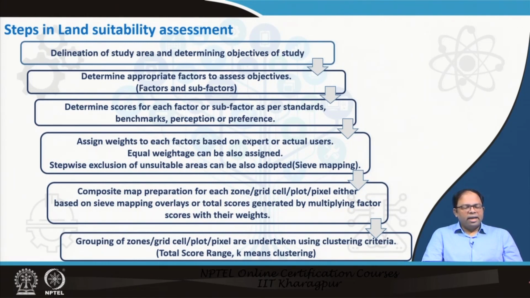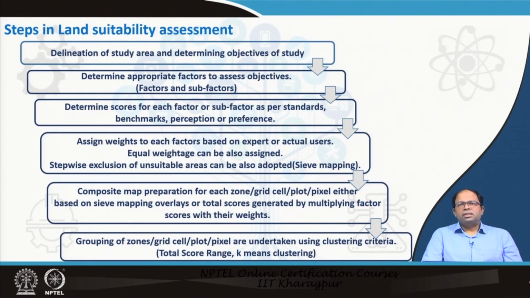Once we have understood these weightages and the scores, the next step is to create a composite map for each of these zones. I have also included some more terms: a grid cell, a plot, or a pixel, and all these divisions are based on the level of detail at which you are doing your analysis. For example, we can have zones based on administrative boundaries.